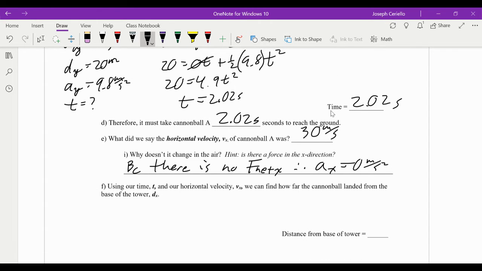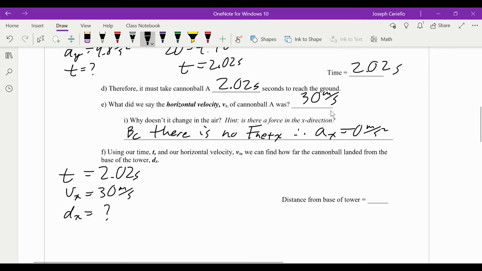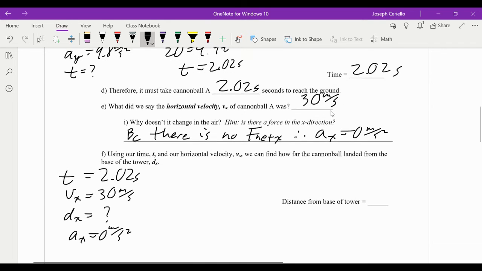So using our time, 2.02 seconds, and using our velocity in the x direction, which is not 0 now, it's 30 in the x direction, we find our distance in the x direction. It's not 20, it's going to be our unknown. And we know the acceleration in the x direction is going to be 0. So there are 2 ways to do this one.